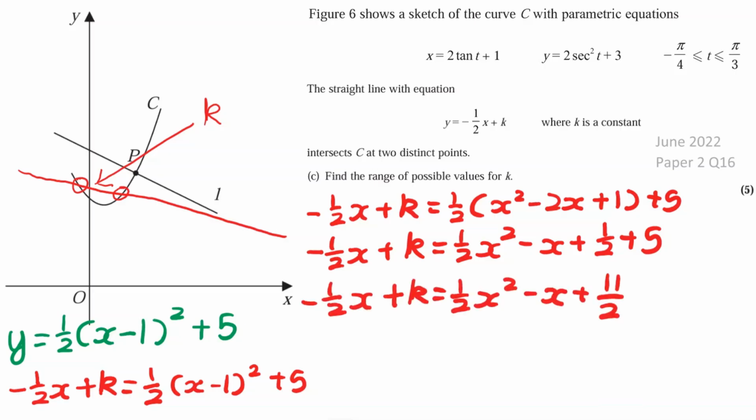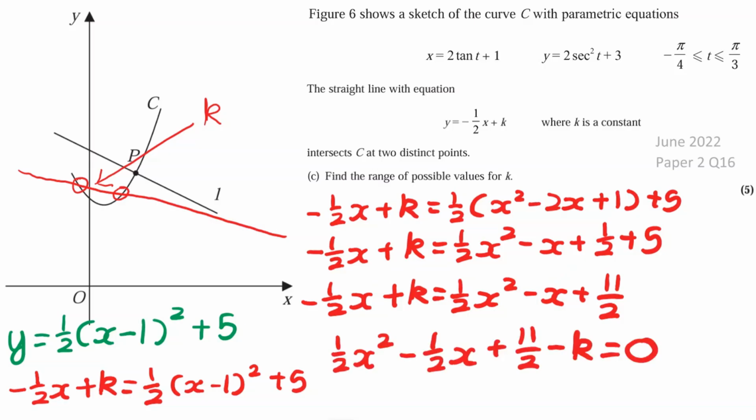And then if we bring this minus a half x plus k onto this side in order to equate this equation to 0 and make it a quadratic equation, this would still be half x squared because there are no x squared terms on this side. This minus a half will go onto this side to become plus a half x, so it's going to be minus x plus a half x, which is equal to minus a half x, and then this k is going to go onto this side, so it's now going to be minus k, like this here.